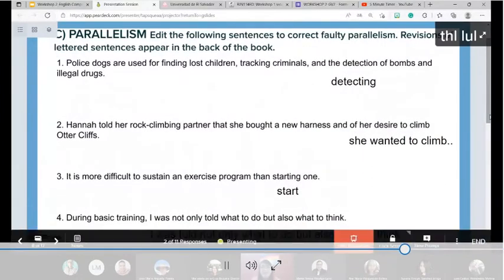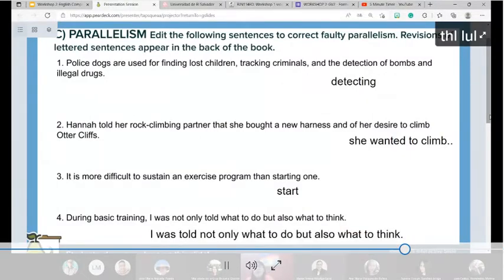So remember, parallelism is about having the same grammatical categories. If we are using nouns in a list, we are going to keep using nouns. If we are using verbs, we keep using verbs. If we are using simple present, we continue using simple present in all the sentences. If we are using simple past, the same. If we are using infinitives, we must keep using infinitives.